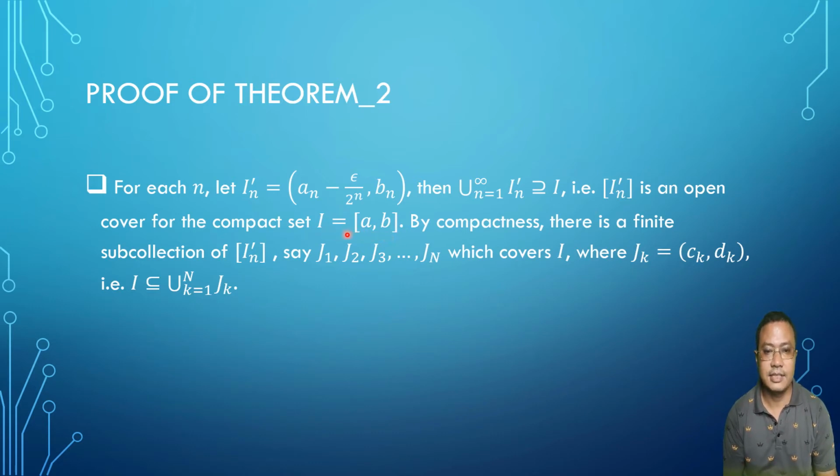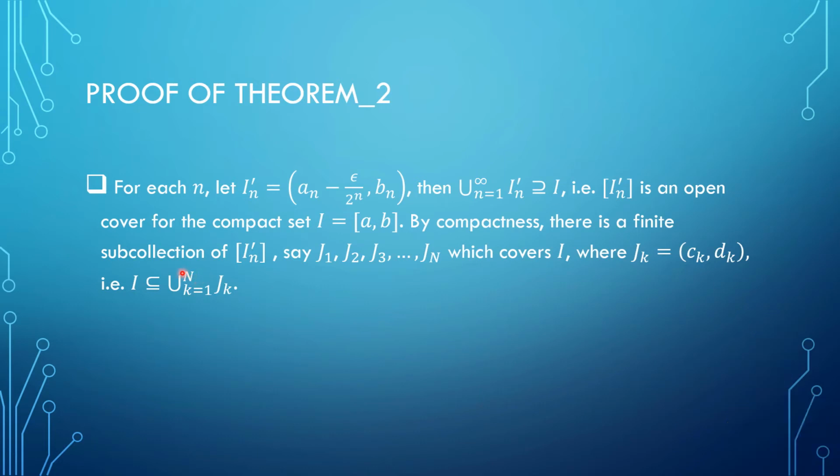We know that this set is compact, so by compactness there is a finite subcollection. Let the finite subcollection be called J_1, J_2, J_3 up to J_n, which covers I. Then we can put J_k equal to (c_k, d_k), and I is a subset of the union, k running from 1 to n.